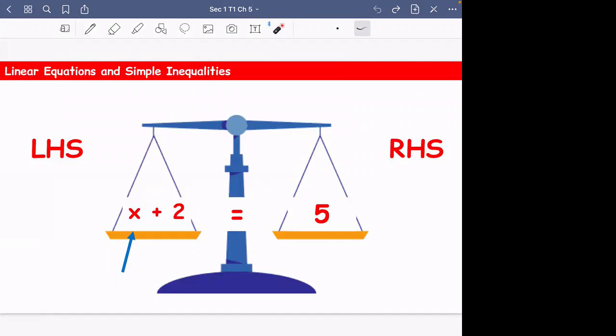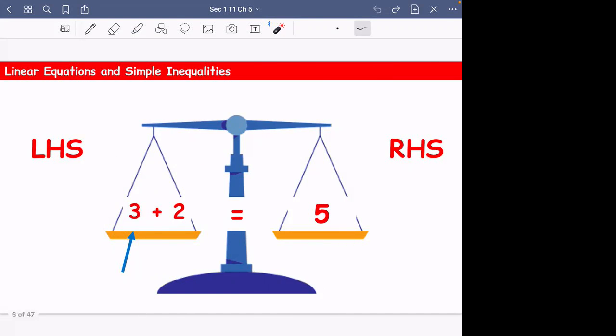So again, an equation works like this. You think of an equation as a balance. In order for this to balance, the left and the right side should be equal. By the way, LHS and RHS mean left hand side, and this is obviously the right hand side.